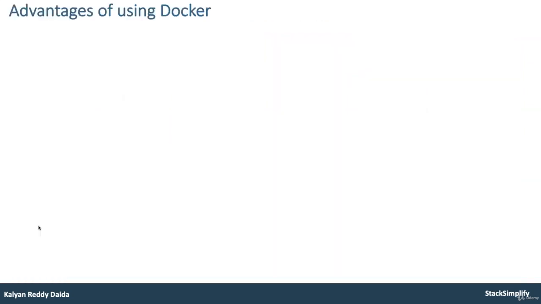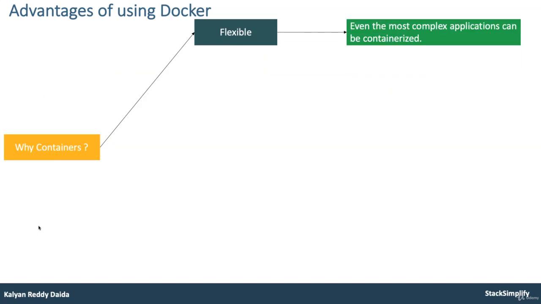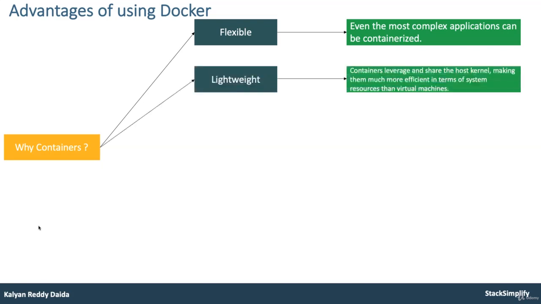Moving on, what are the advantages of using Docker? Why containers? They are flexible, so even the most complex applications can be containerized in recent days. They are very lightweight, and containers leverage and share the host kernel, making them much more efficient in terms of system resources than virtual machines.